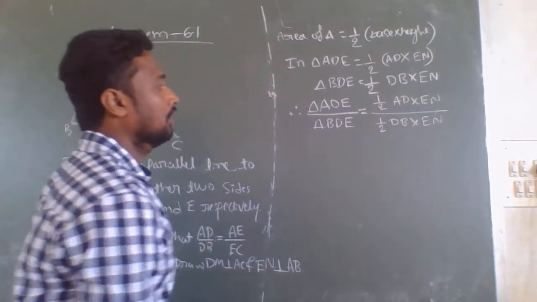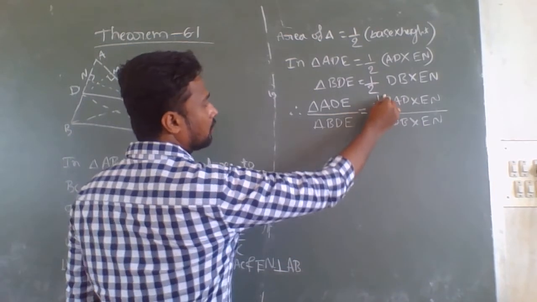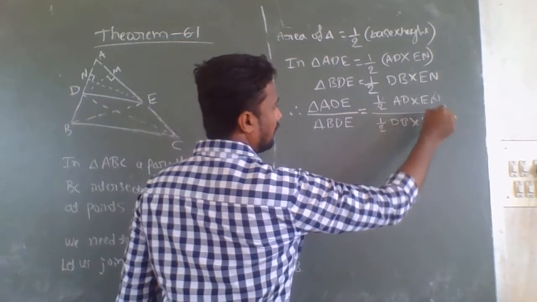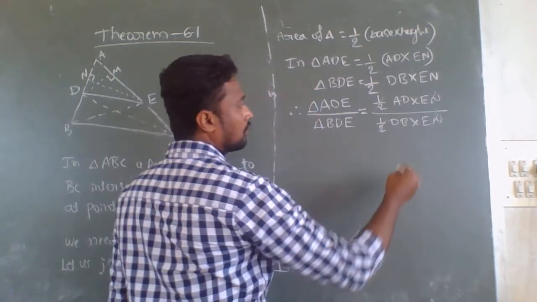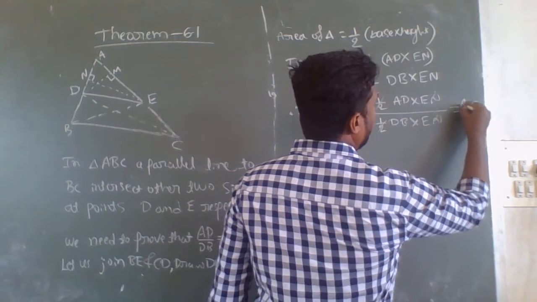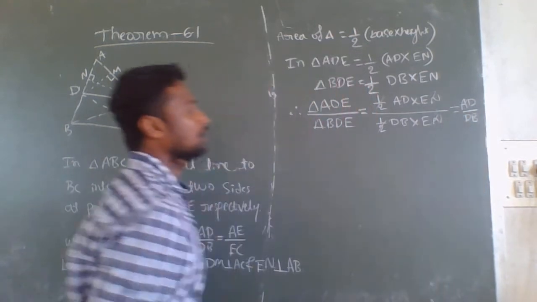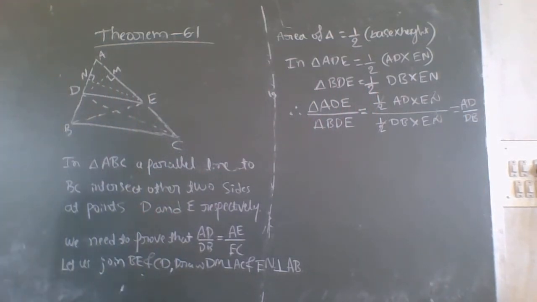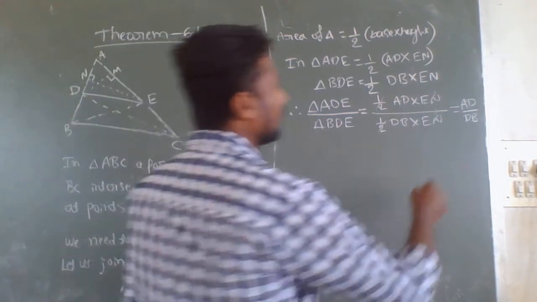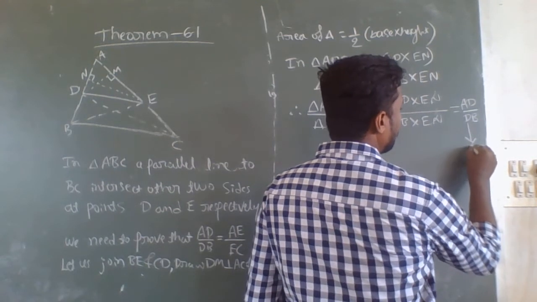Here I can cancel this 1 by 2 and 1 by 2, and EN and EN. So what did we get here? AD by DB. Now I will consider it as equation 1.